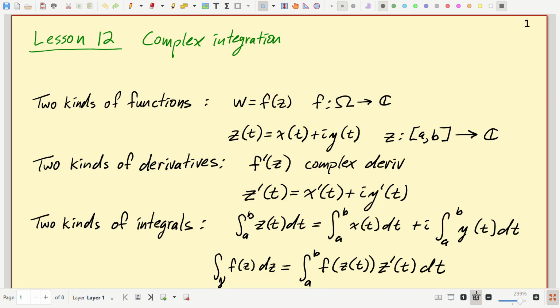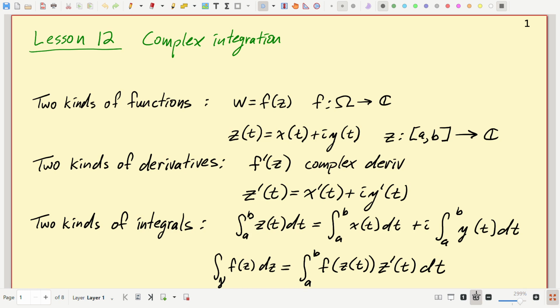Those are complex valued functions of a complex variable, usually defined on a domain in the complex plane. Now we've got a new kind of function, which are complex functions of a real variable, z of t. And we think they'll be most useful in parametrizing curves in the complex plane.